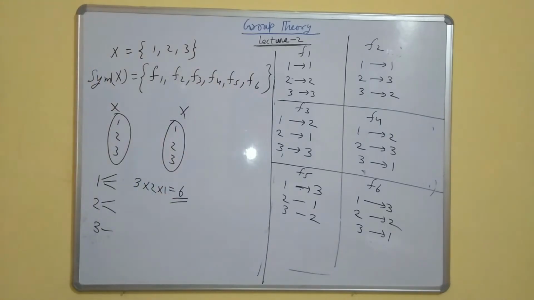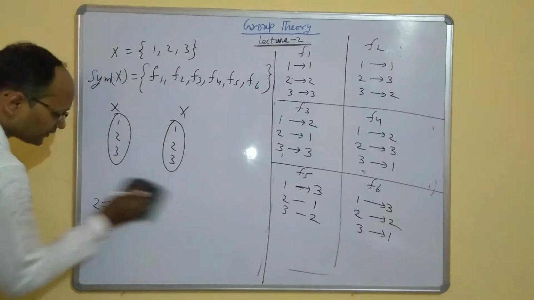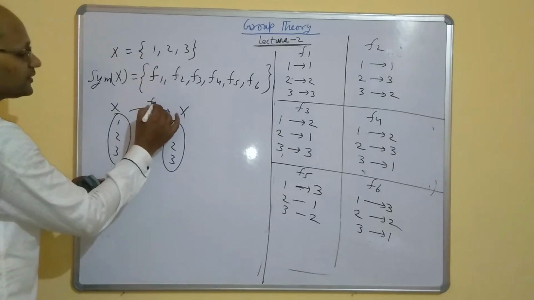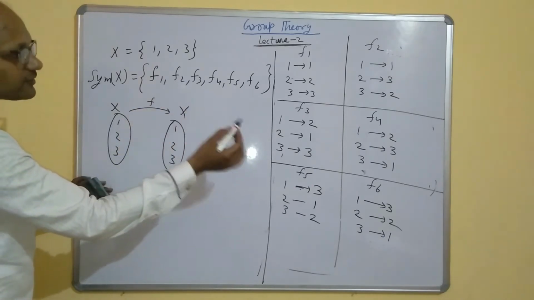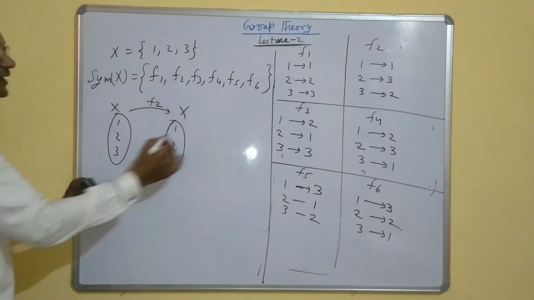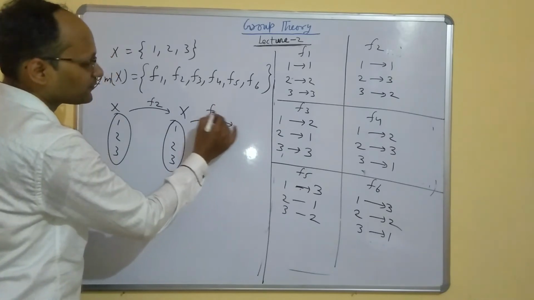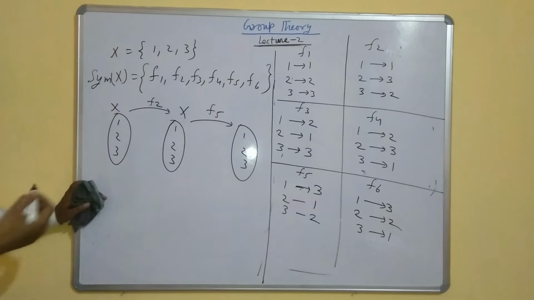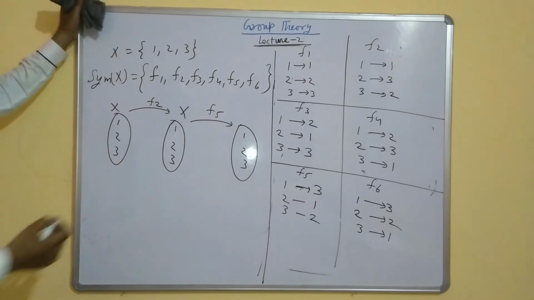Now the problem is how to compose these maps. So suppose I have this map F1, let me take another map F2, and I take another map, suppose F5. 1, 2, 3. So how will we compose these 2 maps?